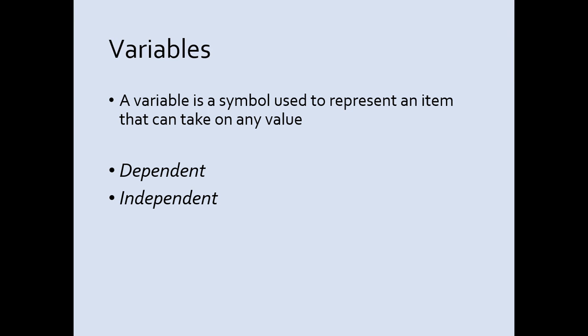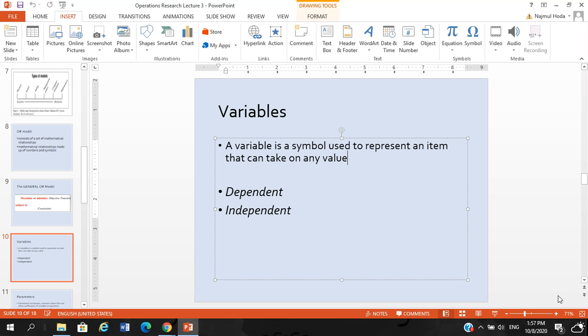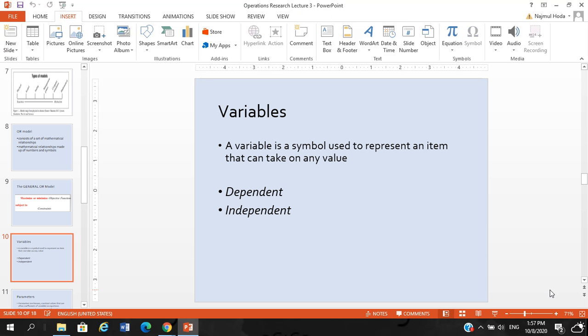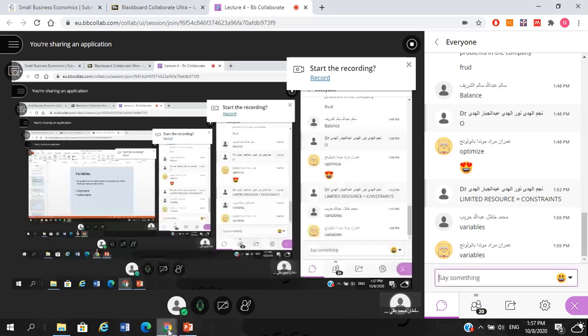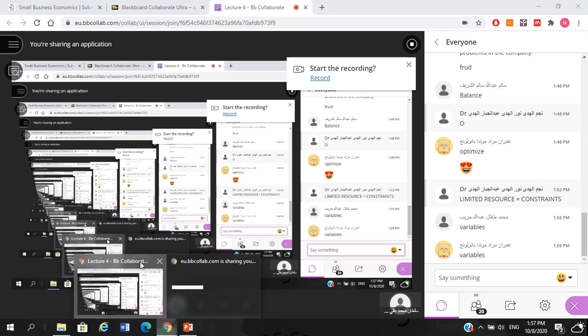Similarly, you can apply this anywhere, but the core concept is the same. Variables are those items in a mathematical equation which can be changed, which can assume different values, and they are represented by a symbol A, B, X, Y. So, in your schools, I am not very aware of school maths, how you do.